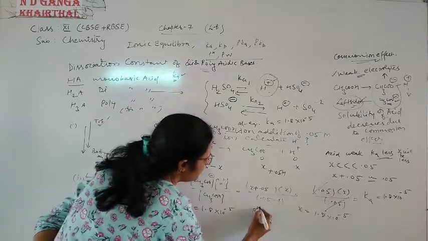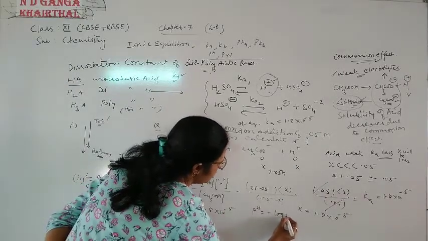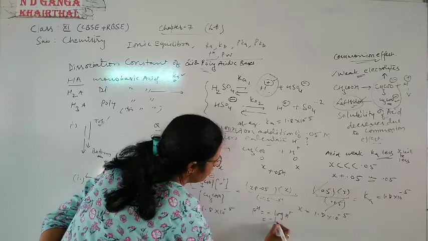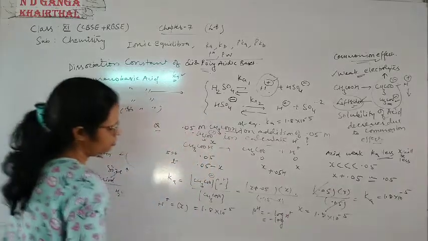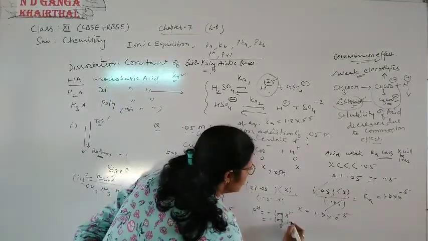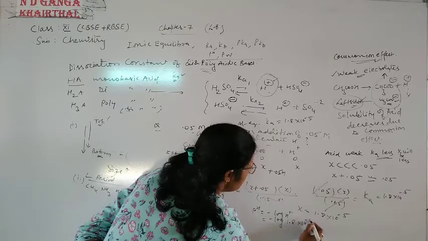So what will be the pH? pH will be minus log of H ion concentration, and by putting this value, minus log of 1.8 into 10 to the power minus 5.